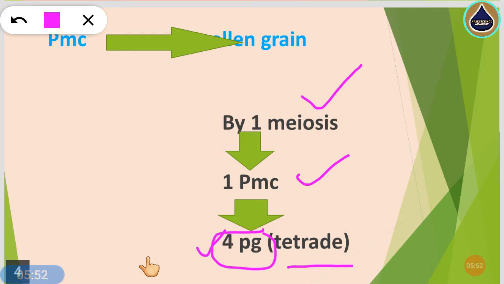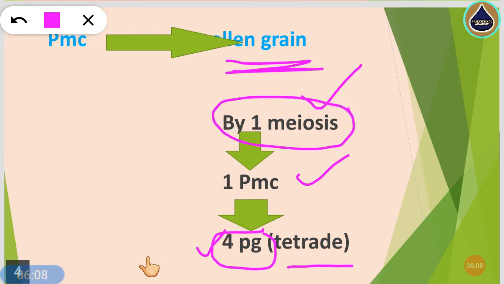So it is now clear that there is no single pollen grain formation in the flower as far as the male part is concerned.